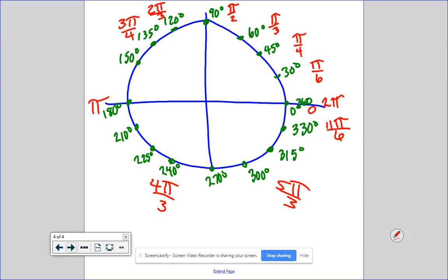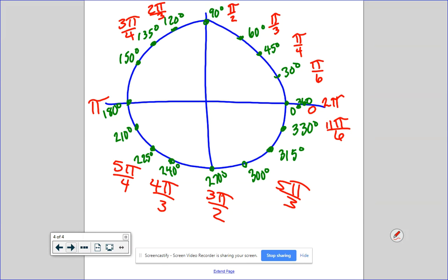Add 45 again. 225. Now how many 45s have I done? 5. Okay. Add 45 again. That's 270. And how many 45s is that? 6 pi over 4. And 6 over 4 simplifies to what? 3 over 2.